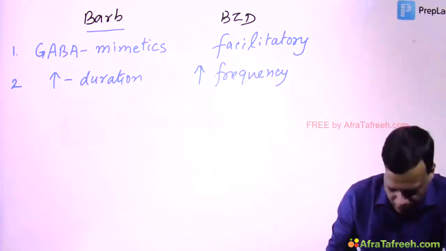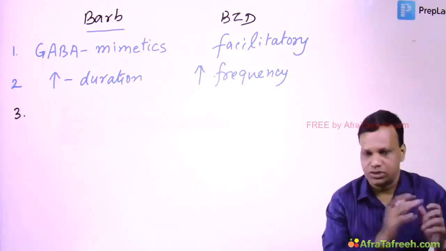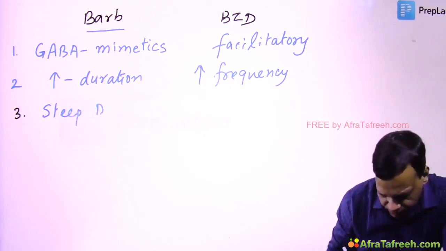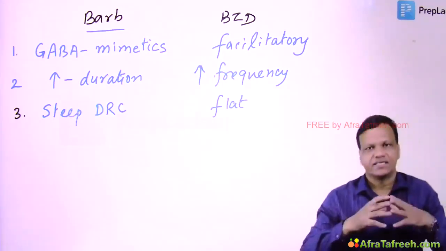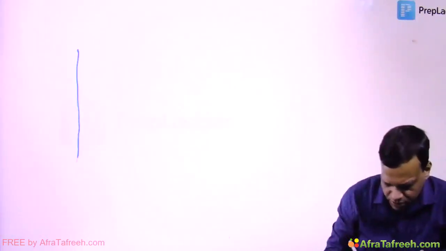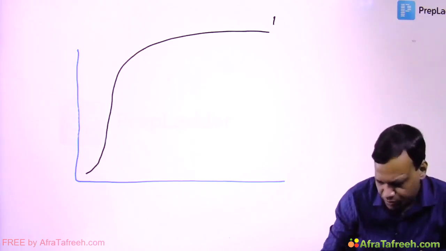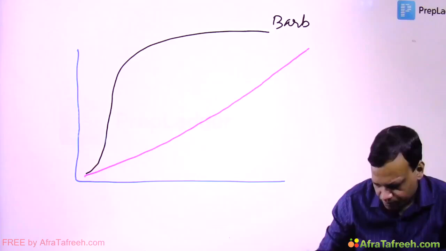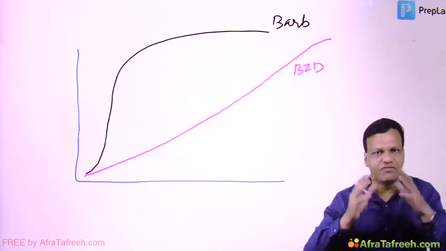Okay. Then the third important difference, which we discussed earlier in general pharmacology: barbiturates have a steep dose response curve, whereas benzodiazepines have a flat DRC. If you remember, when we discussed the dose response curve in general pharmacology, barbiturates have this type, whereas benzodiazepines have this type, flat DRC. And do you remember what the difference in the DRC tells us?